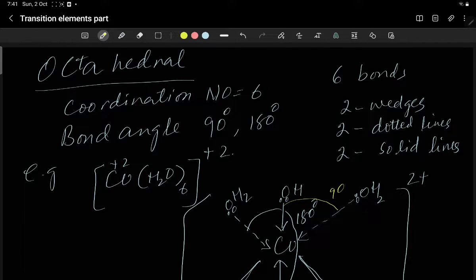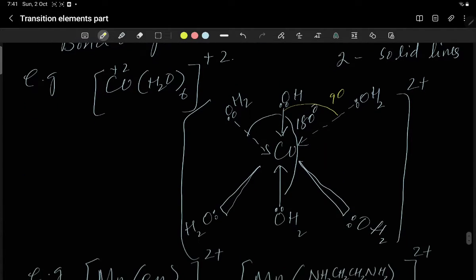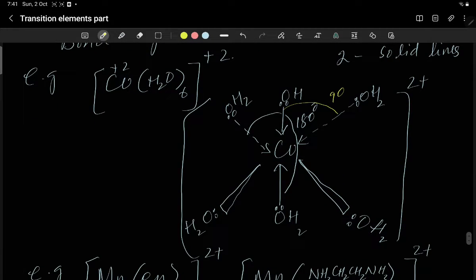Octahedral: coordination number is 6, bond angles 90 and 180 degrees. With coordination number 6, the ligands form 6 bonds with the copper, so draw 2 wedges, 2 dotted lines and 2 solid lines. Water is a neutral particle, so 6 water means 0 charge, and the overall charge will be +2.